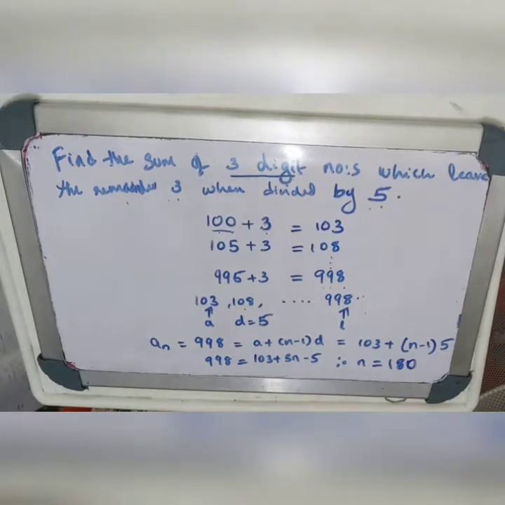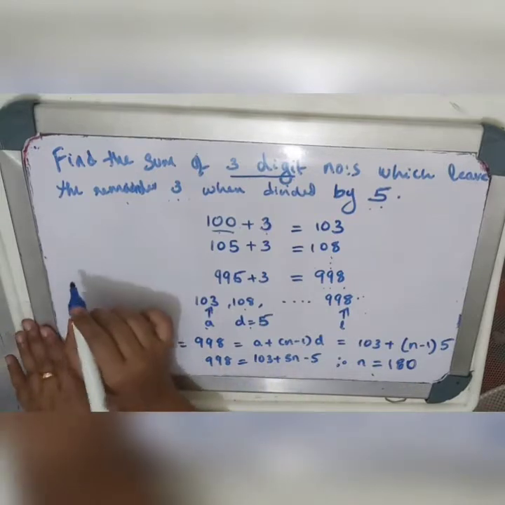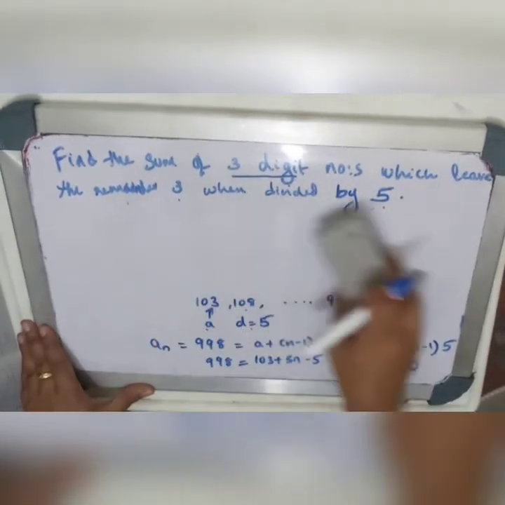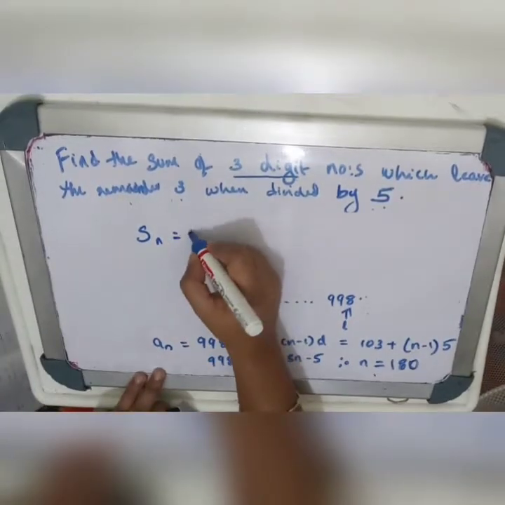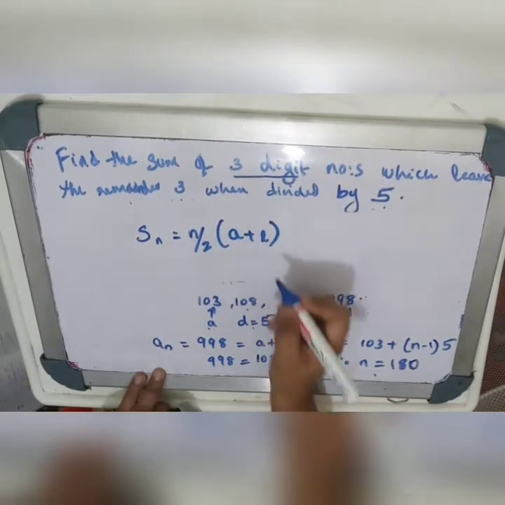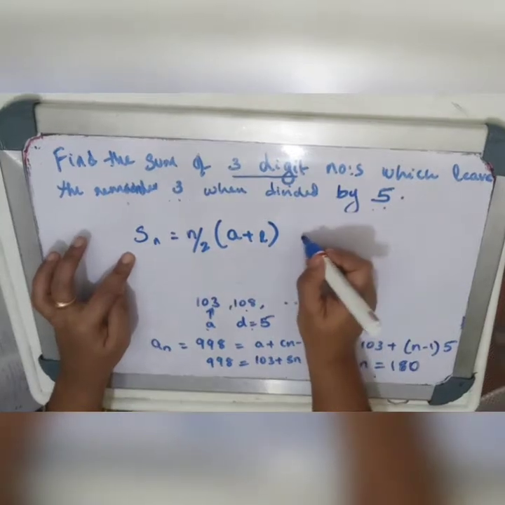Now we have obtained the value of a, d and n. Now let's find the sum of all the terms. Sum is given as n by 2 into a plus l. This is another expression for the sum when we know the last element of the sequence.